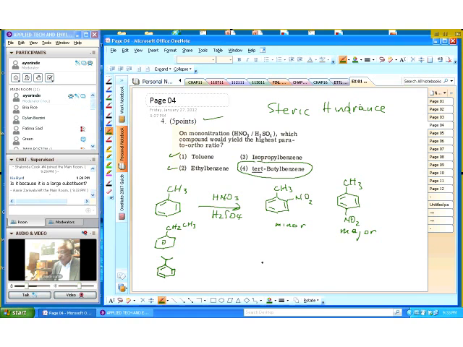Now finally, exactly, because of a larger substituent. So we chose tertiary butyl because that is the largest of all the substituents. And because of steric hindrance, most of the product will go to the para position.